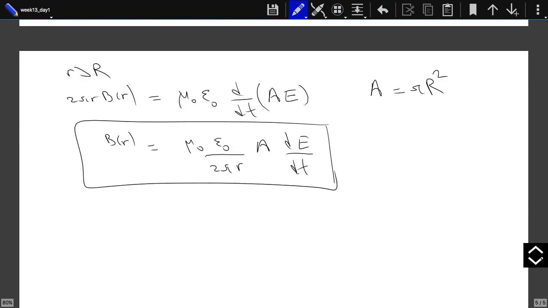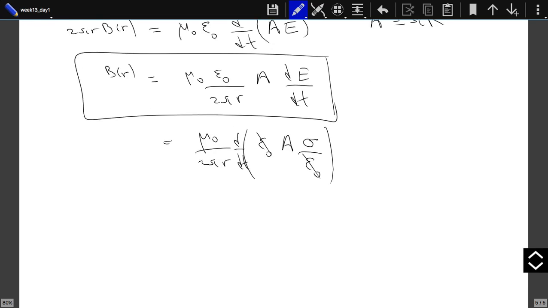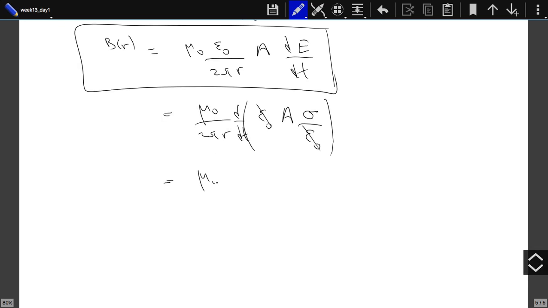Well, let's do one more thing. This is equal to mu0 over 2 pi R d by dt of epsilon 0 A times E. What is the electric field in a capacitor? What is area times sigma? The total charge of the capacitor.